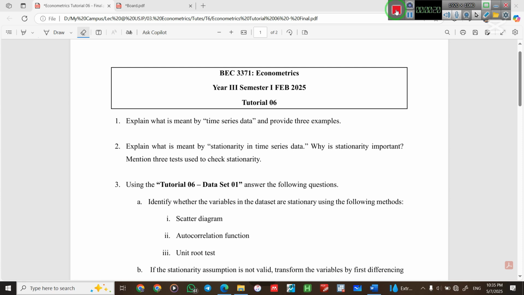If we move to the first question of today's tutorial, it asks us to explain what is meant by time series data and provide three examples.